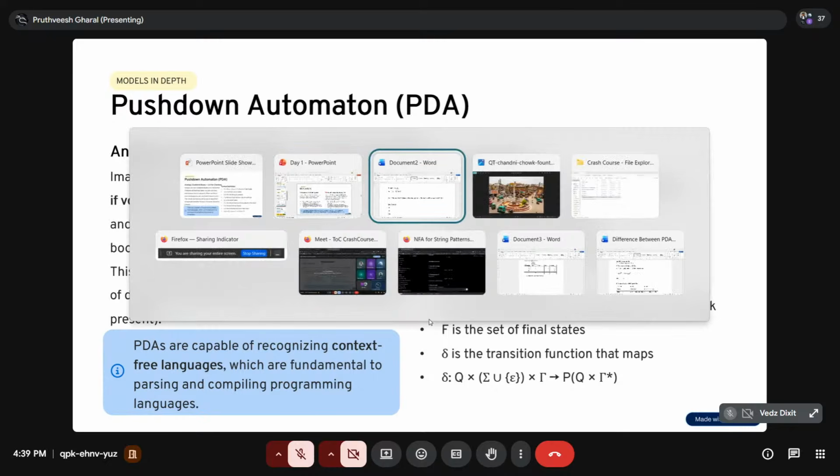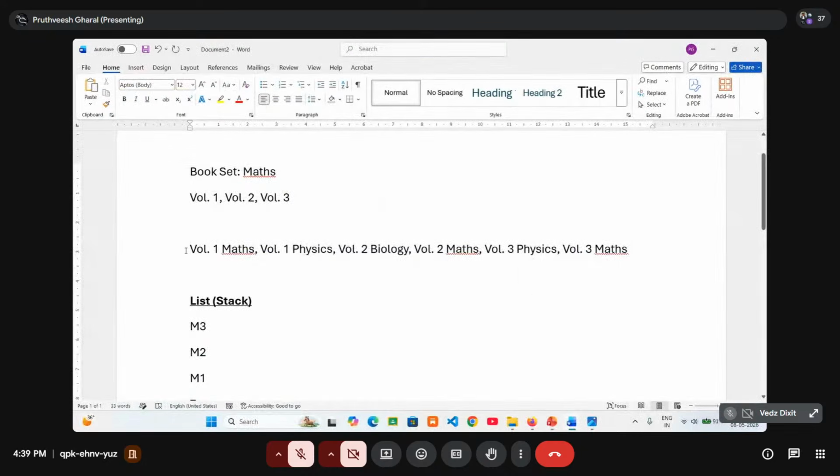When we saw the first book, volume 1 maths, it created a dependency inside our head to find the next two volumes of books. And when such a dependency is created, we have to track it down.